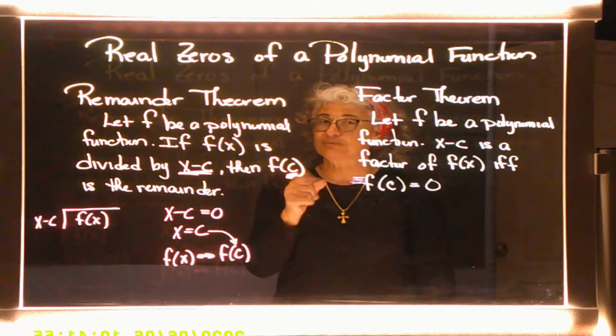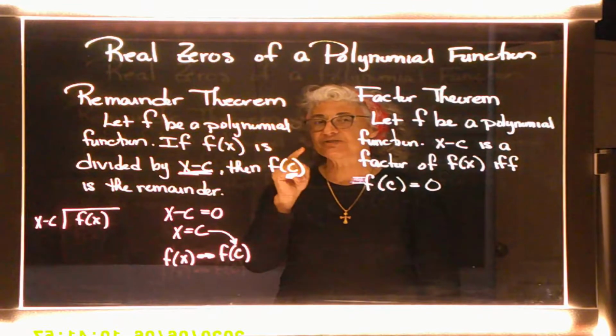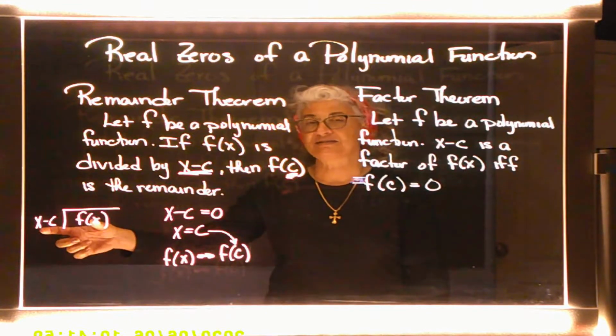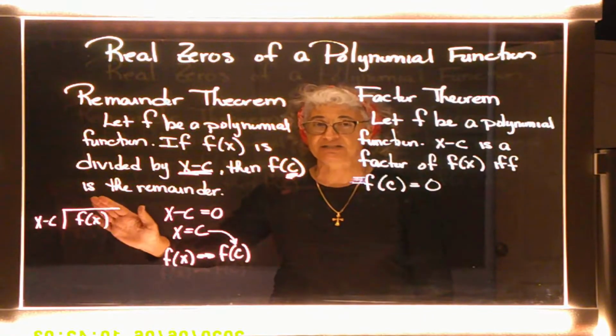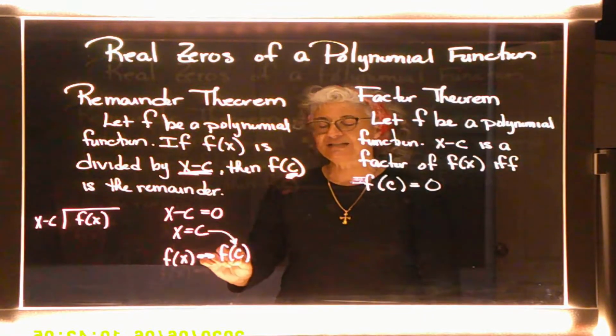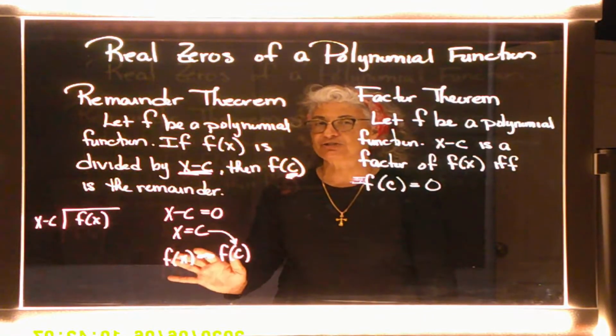Yeah, your remainder should be 0, right? If your remainder is 0, that means x minus c divided into the polynomial evenly, right? That means when you plug c into here, you should get a 0, shouldn't you?